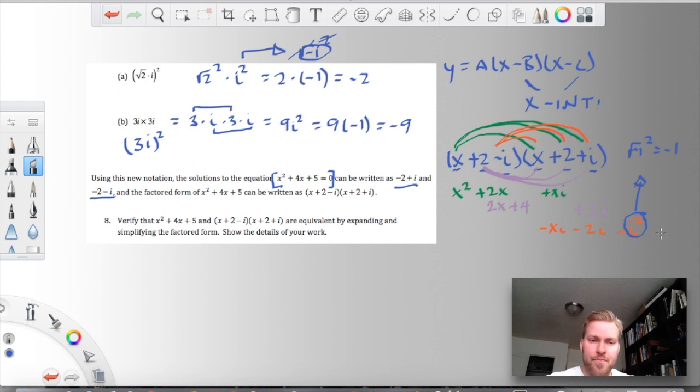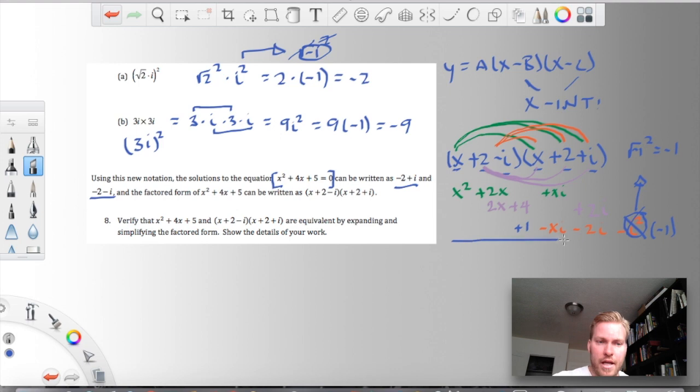So instead of this i squared, I'm going to have a negative 1. Okay, so let's take a look at this one last. If I'm subtracting a negative 1, I'm really adding a positive 1. So let's put that over here with our regular numbers. I'm going to put my positive 1 right there. Okay, and that's all of our pieces.